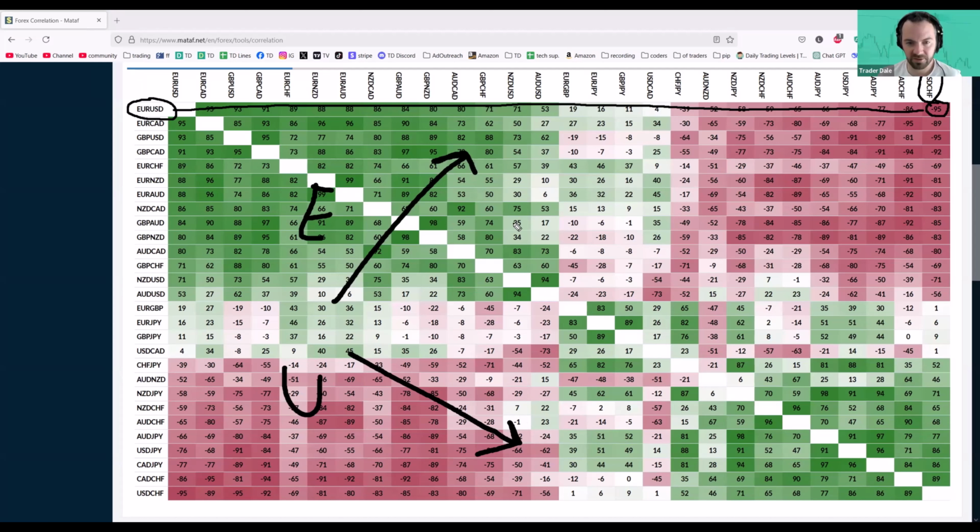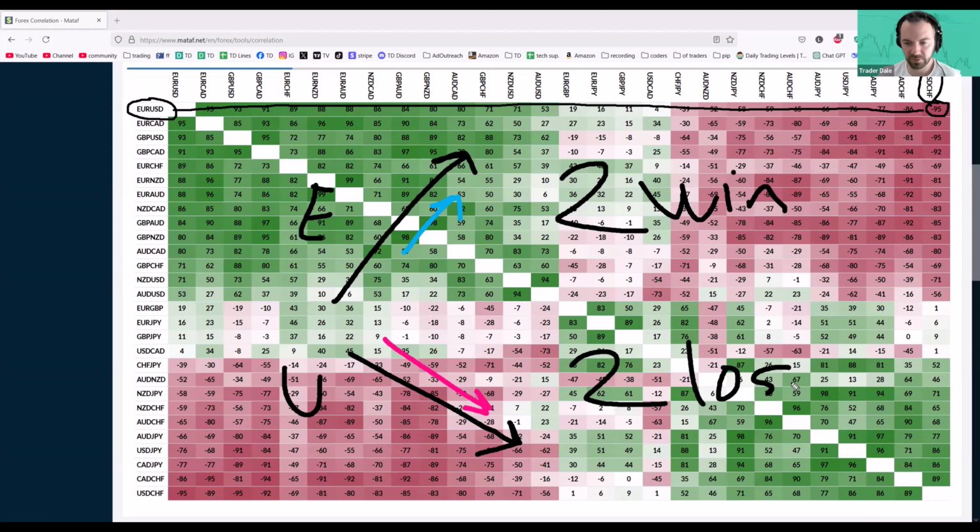So if I enter a trade which is a long on the euro and short on the US dollar Swiss franc, it is very likely that both those trades will have the same result. Either it's going to be two winners or two losers. It's very likely because they move the opposite ways, right? So I need to be careful about this. Now that's why I need to know about the correlation.